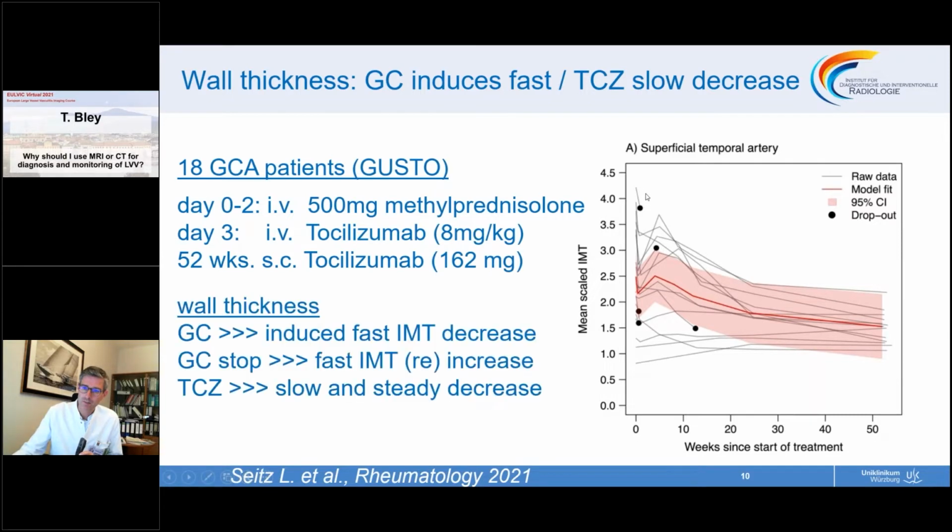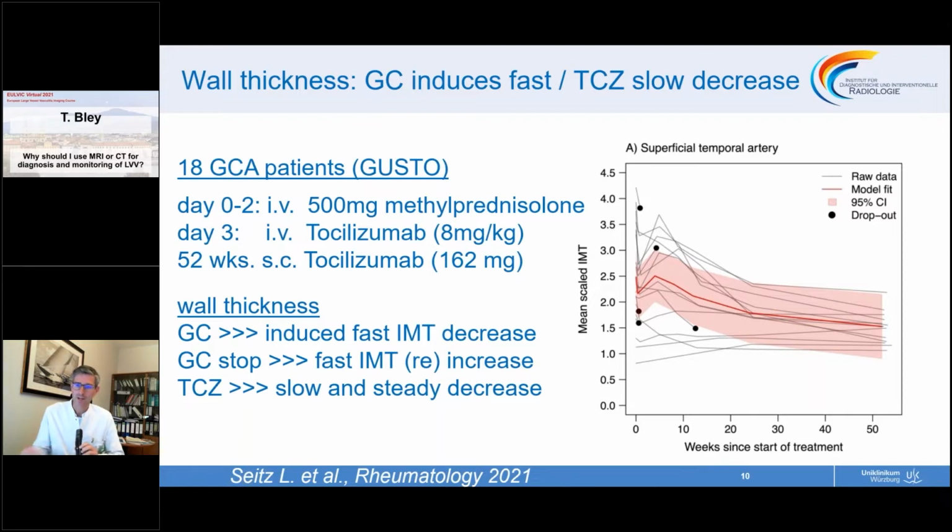What I draw your attention to is this graph here. The intima media thickness, as measured by ultrasound, decreased rapidly during those 3 days of steroid treatment. And then when steroid treatment was stopped, which is about here, the IMT increased again, and then slowly tapered during the long-term treatment of tocilizumab.